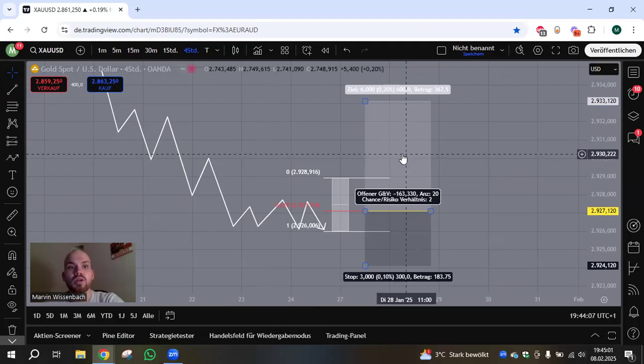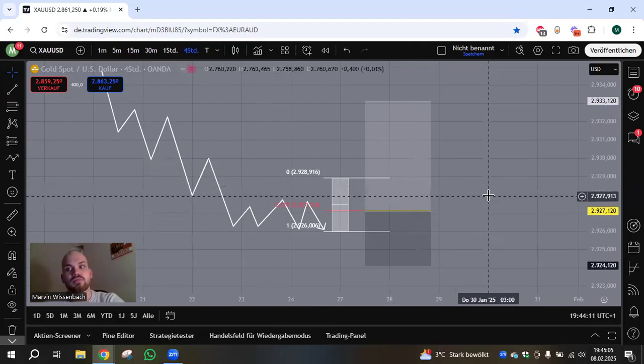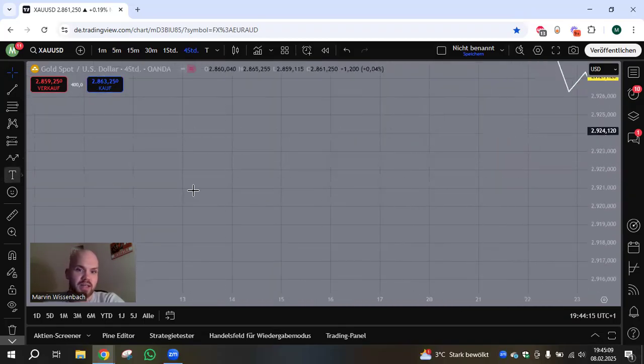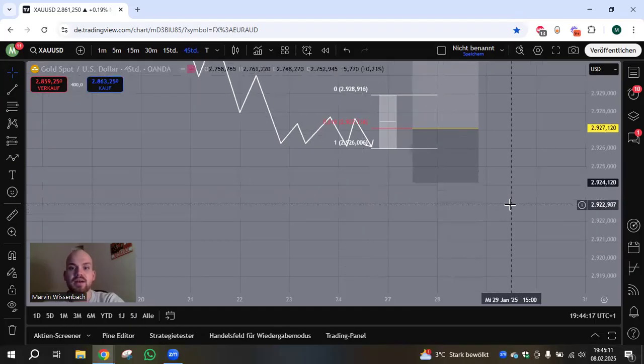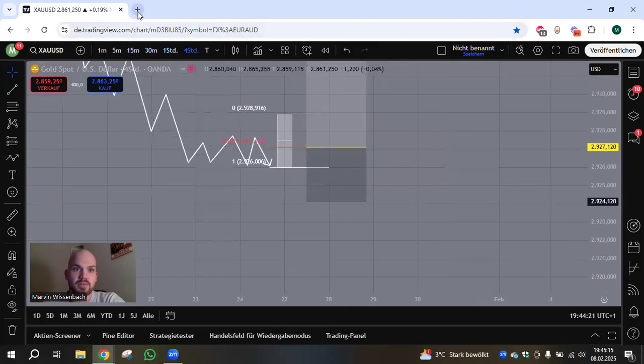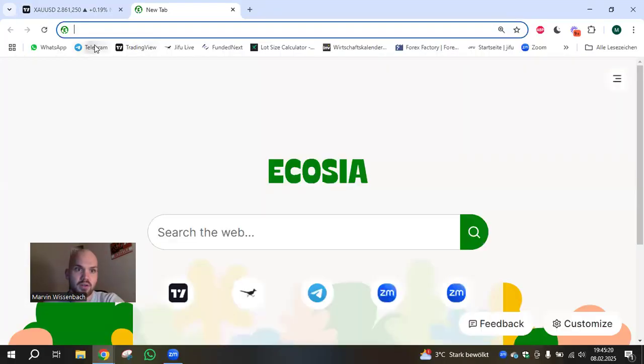We have one more entry signal, which would be a specific candle, the shooting star. And the shooting star, let me show you real quick, is the following.